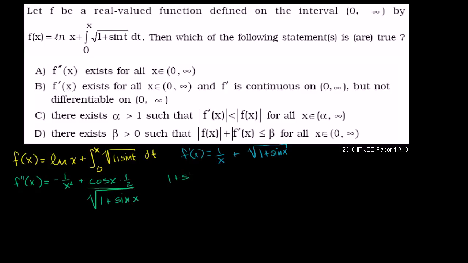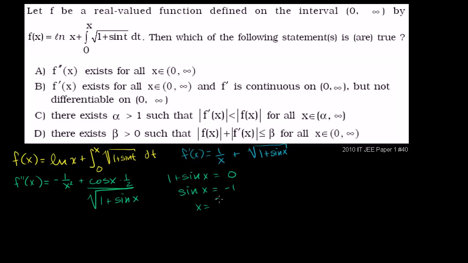So 1 plus sine of x is equal to 0 if sine of x is equal to negative 1. And sine of x can equal negative 1 if you go around the unit circle, where sine is the y coordinate. It would be negative 90 degrees, or positive 270 degrees.